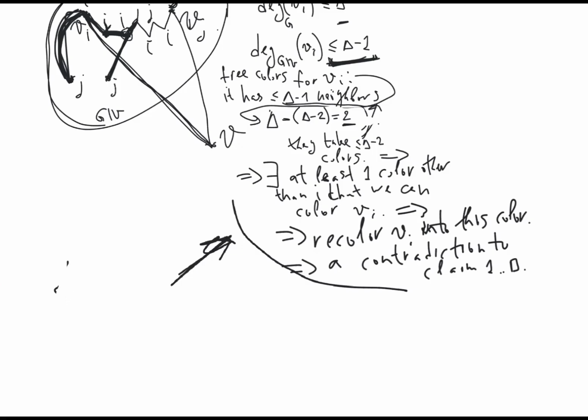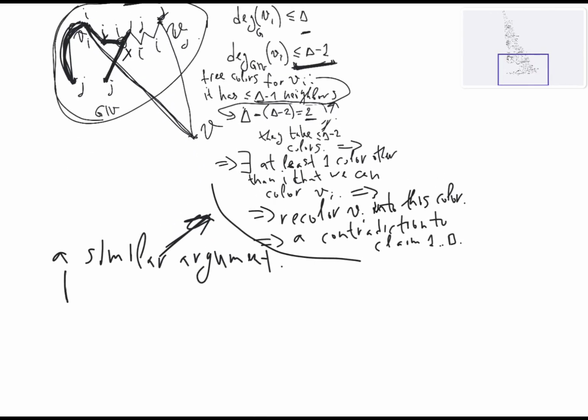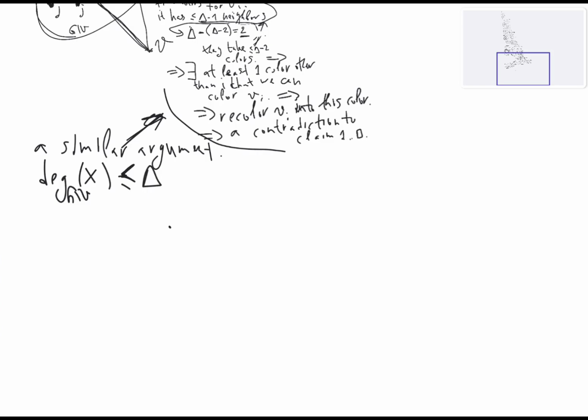Similar argument, except now let's denote this vertex X. Let's say this vertex X is adjacent to another vertex of color J. So the degree of this vertex X in the graph G minus V is less than or equal than delta, but it itself has color I, and it is connected to 3 vertices of color J. And like I, it's just without loss of generality.